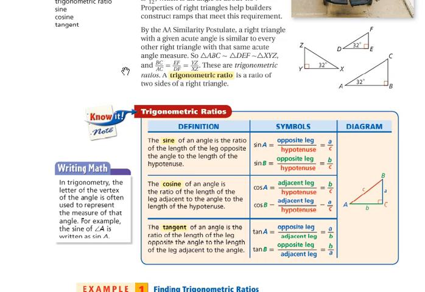If you ever take any kind of trig class, this is the basis of all of that. When we talk about a trig ratio, we're talking about a comparison of the sides of a right triangle. This is the definition of sine, cosine, and tangent.